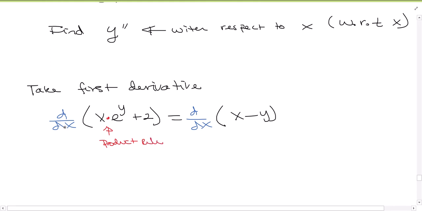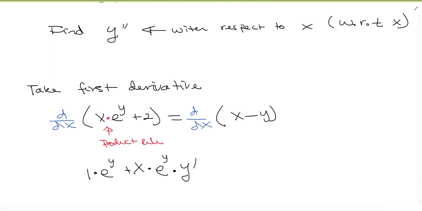So I'm going to have the derivative of x times e^y. Using the product rule, it is the derivative of the first, so the derivative of x with respect to x, which is 1, times the second left alone, plus the first left alone times the derivative of the second. The derivative of e^y is e^y by chain rule times the derivative of y, which is y prime.